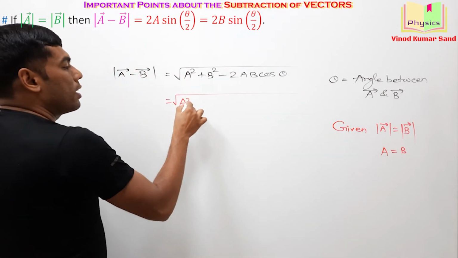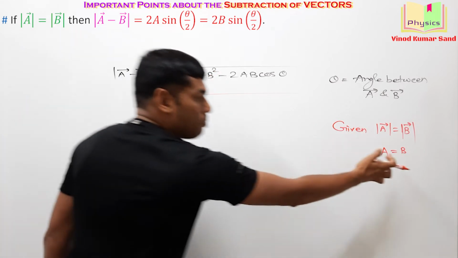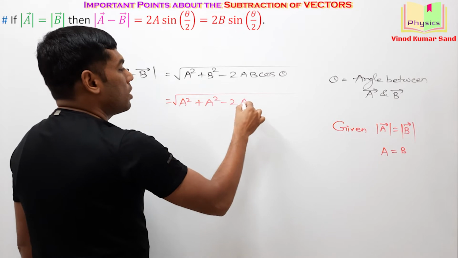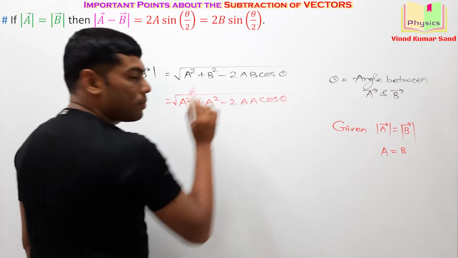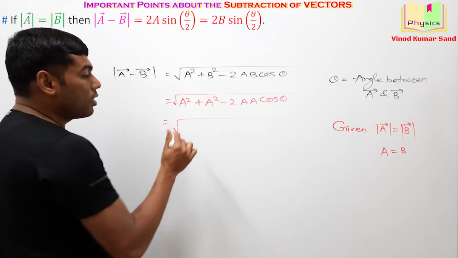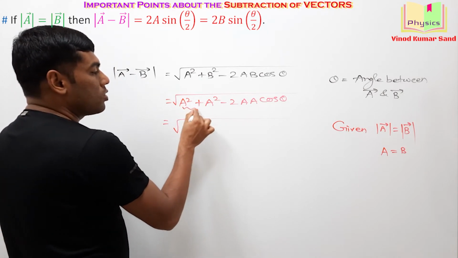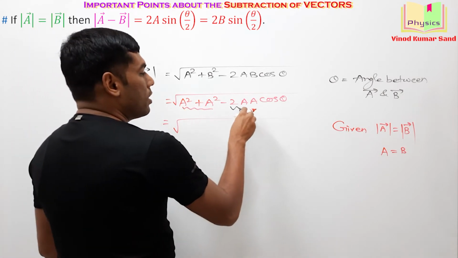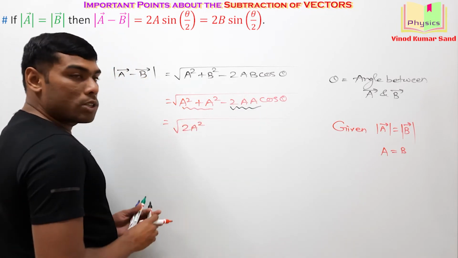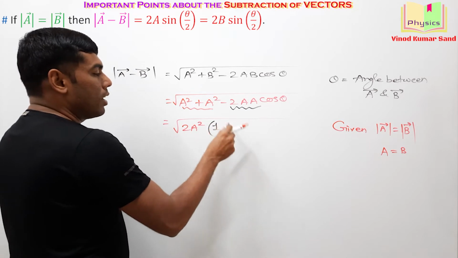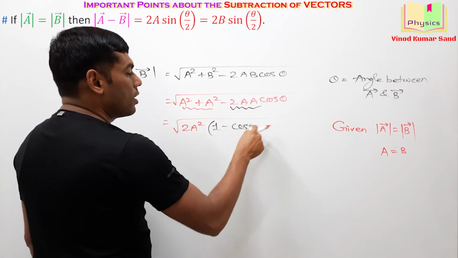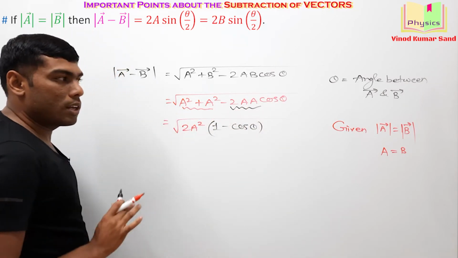A square, at the place of B, I am again substituting A. So A square minus 2AA cos theta. Fine. From this computation, I am taking 2A square common. So take 2A square common here, then we are left with 1 and a cos theta with a negative sign.